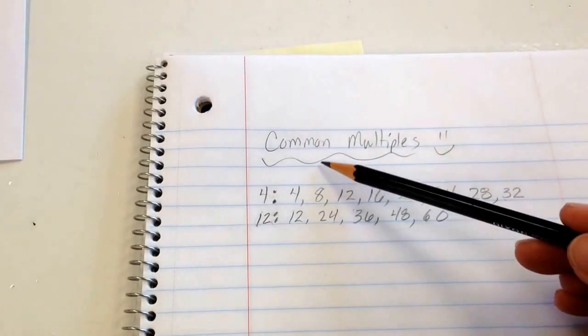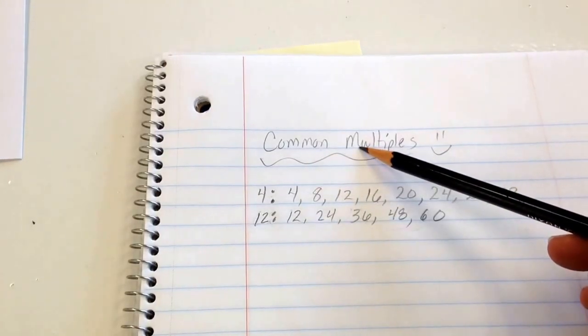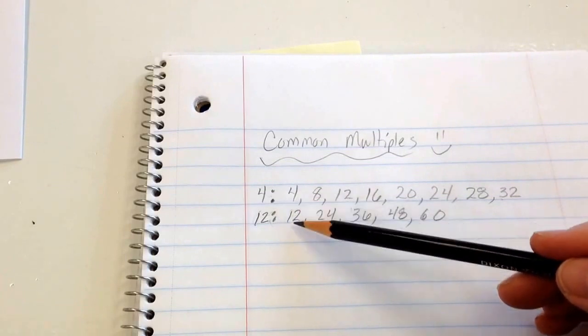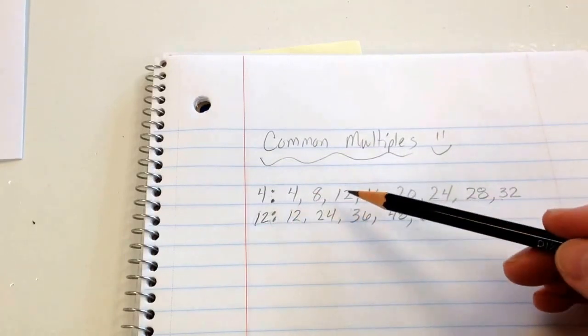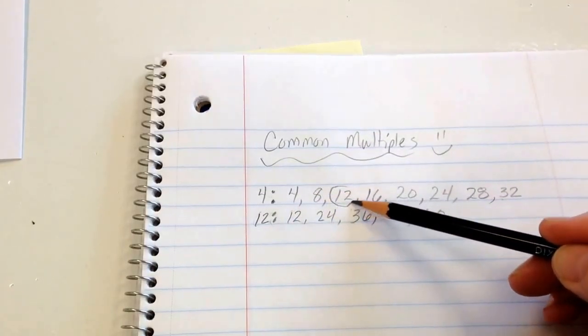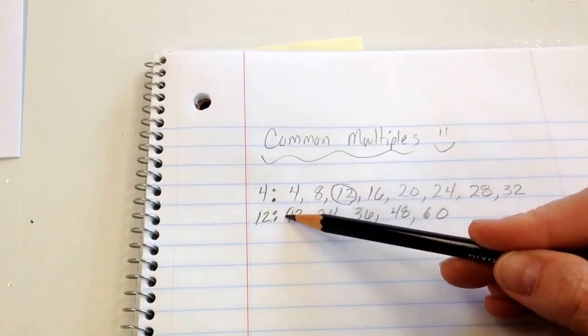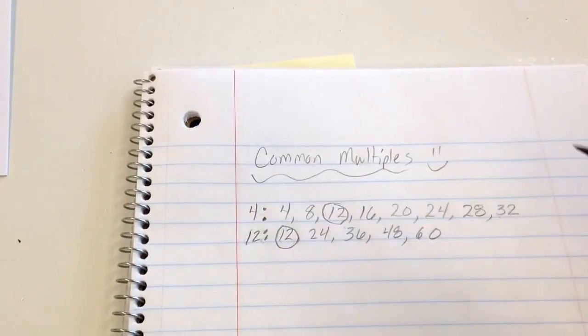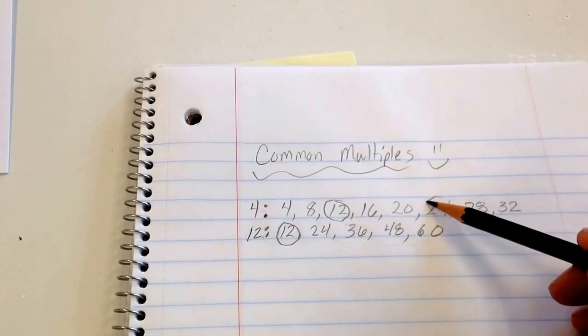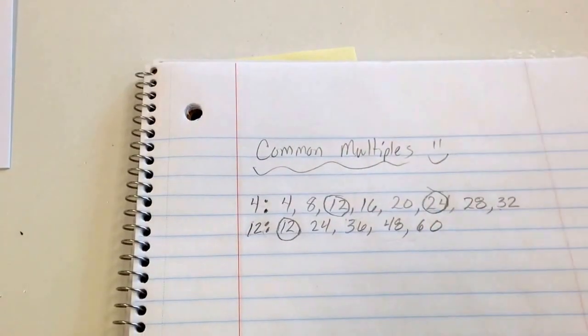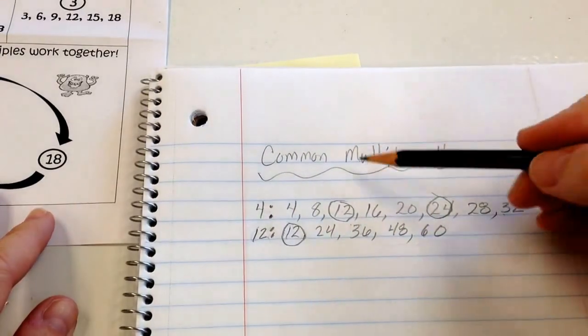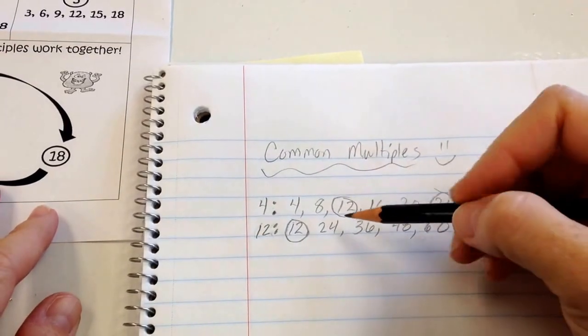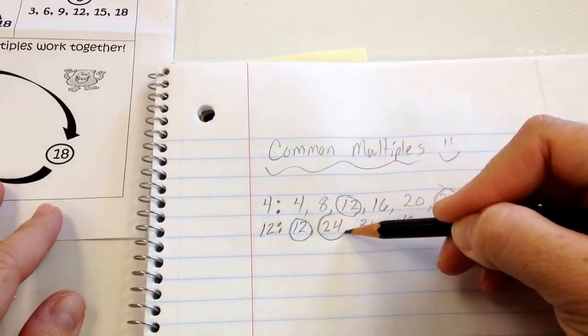Let's see if we have found some common multiples, and we'll circle them just like we did common factors. I don't see 4 on both lists, but I do see 12 and 12. And then I do see 24, and I also see 24 on this list.